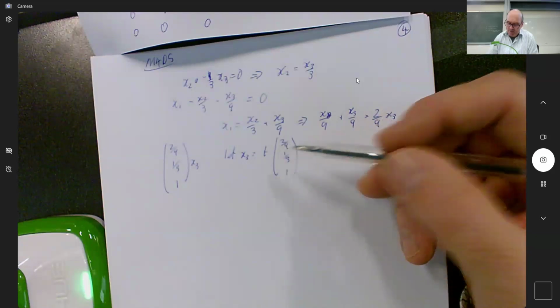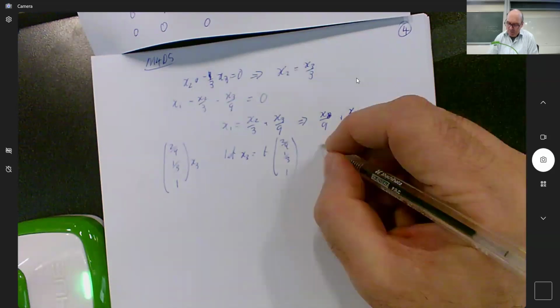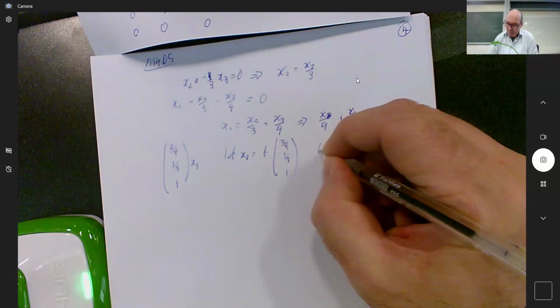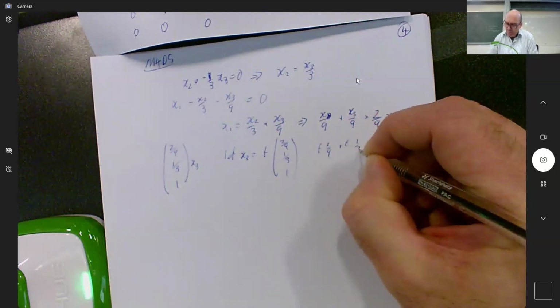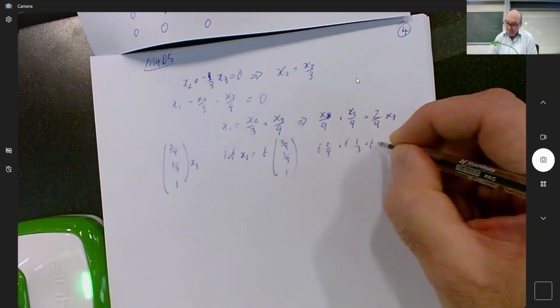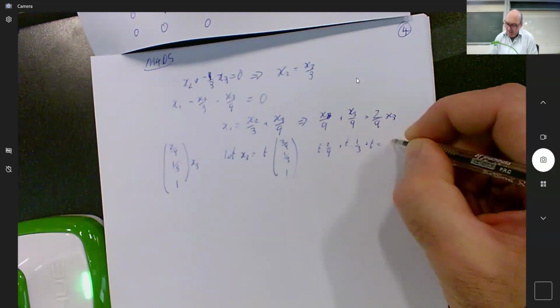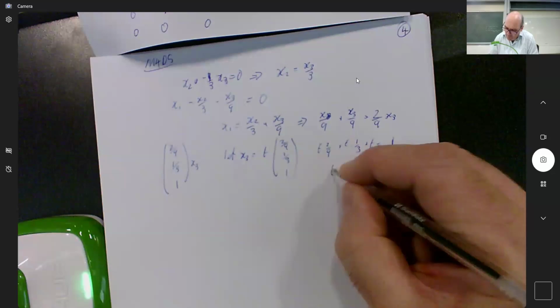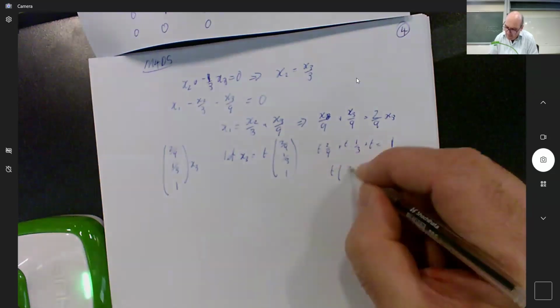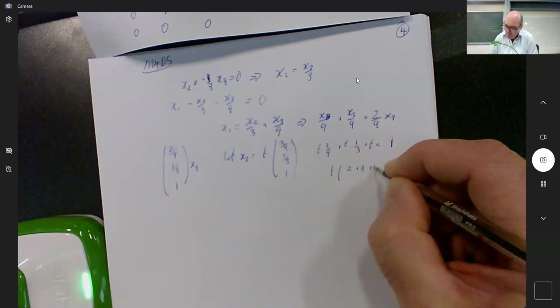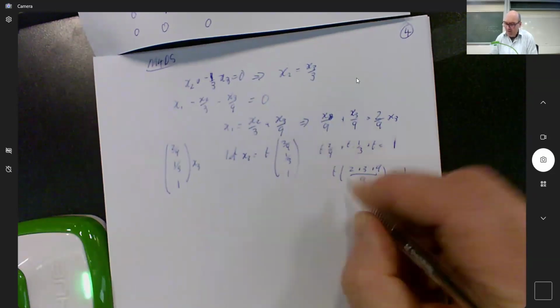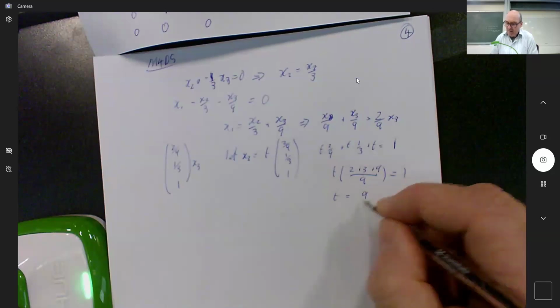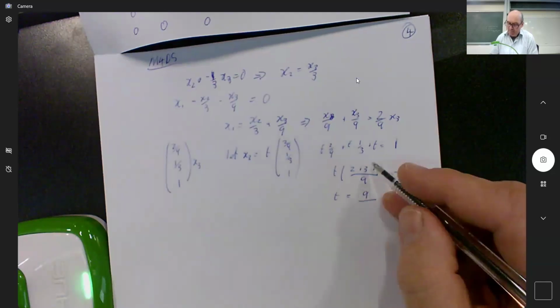So I want t times 2 on 9 plus t times 1 on 3 plus t to be equal to 1. And so that's t by, I don't know, 2 plus 3 plus 9 on 9 is equal to 1. t should be equal to 9 on 14.